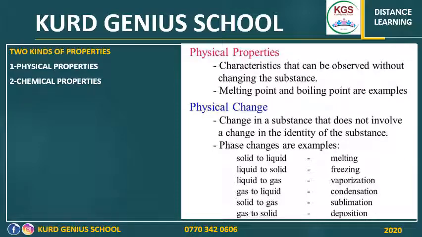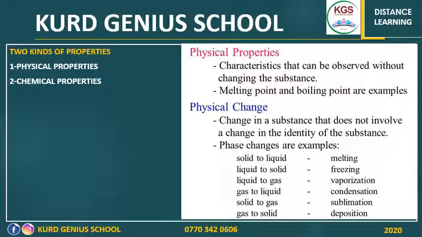So we have some rules, and depending on them we will decide whether a change happening to the substance is a physical change or chemical change, or whether it is a physical property or a chemical property.